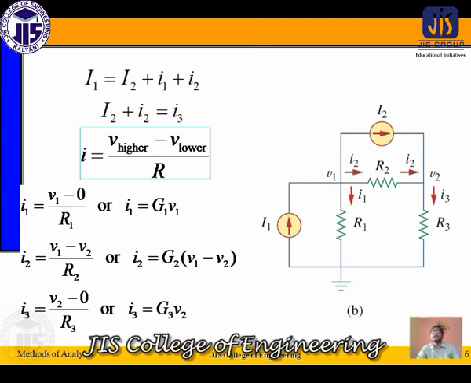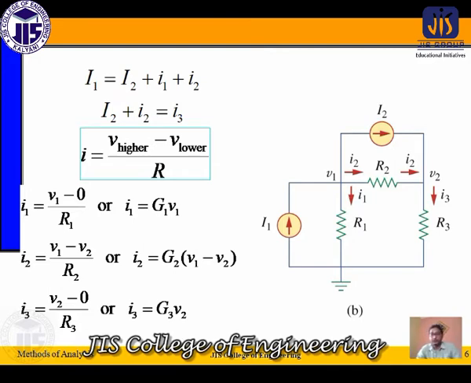So we can say that water flows if there is a height difference, and water flows from higher height to lower height, right? Similarly, the same thing happens for the current. The current flows from higher potential to lower potential. This is the vital point, and we always have to remember this.